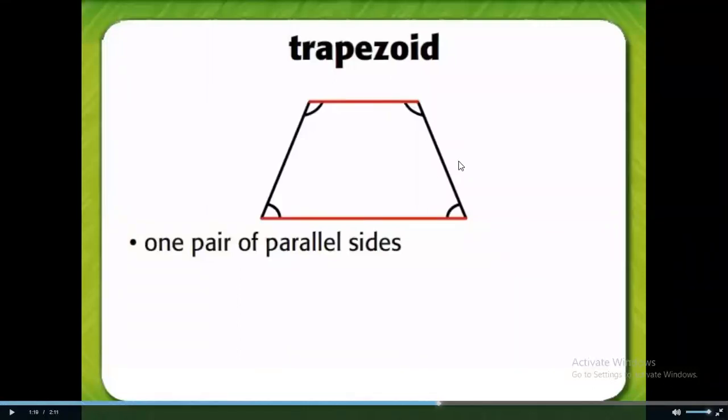If we extend the other two sides, they will meet at a point, or they will cross each other. So it has only one pair of parallel sides. Be careful. Trapezoid has only one pair of parallel sides. Only one pair.